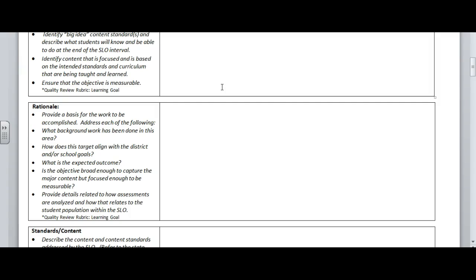Did you look at their EOC score from the previous year? Did you look at their grade from the previous year? What background information did you use to help you arrive at the decision for this SLO as well? So that's the rationale.